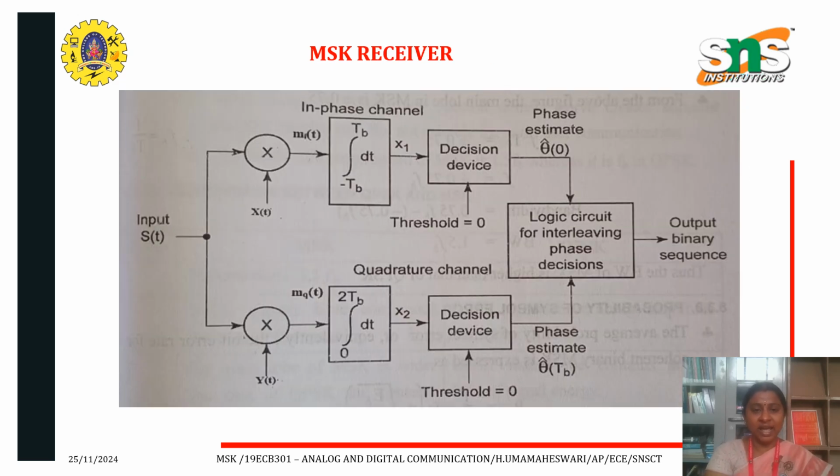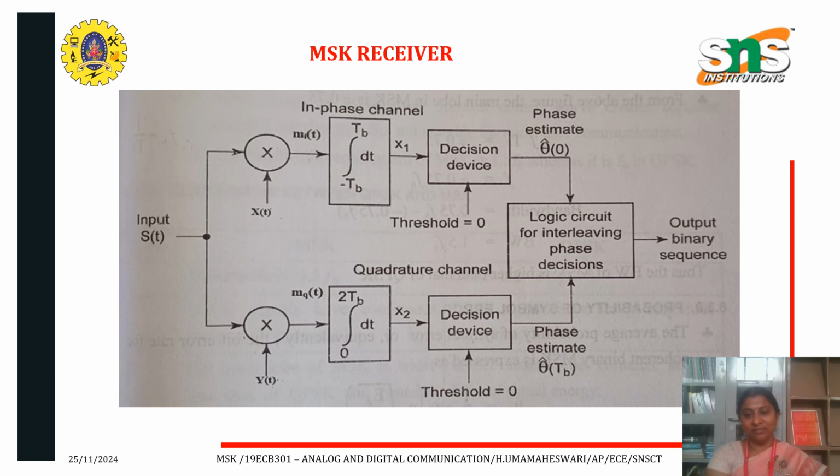The next one is the MSK receiver, where the input signal is given to the in-phase channel and the quadrature channel. From the in-phase channel, the signal is integrated and given to the decision device, where the threshold value is 0. Likewise, the quadrature channel is integrated from 0 to Tb and given to a decision device with a threshold value of 0.